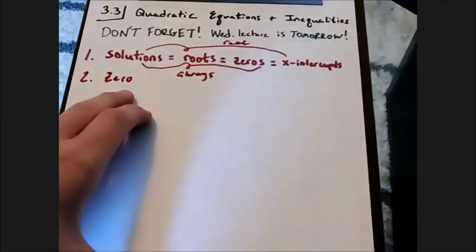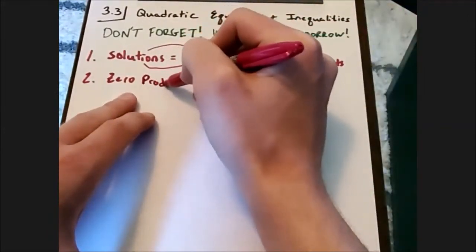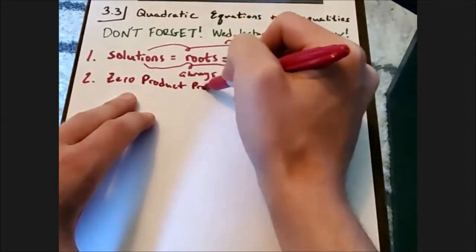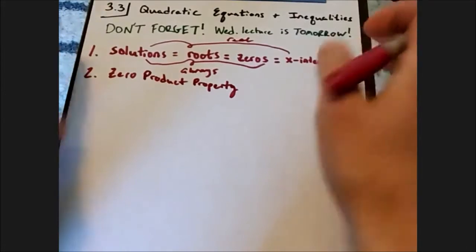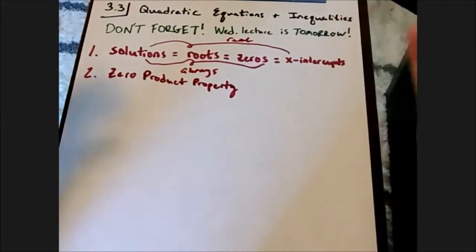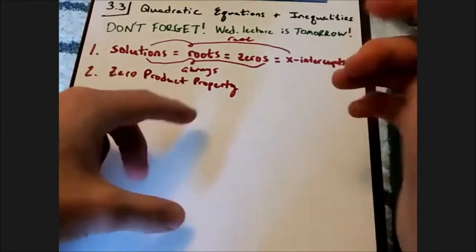The second thing is this lovely fact of mathematics called the zero product property. And this is also something very, very important that came to you prior to this moment, or should have been taught to you prior to this moment, that we're going to use a ton today.